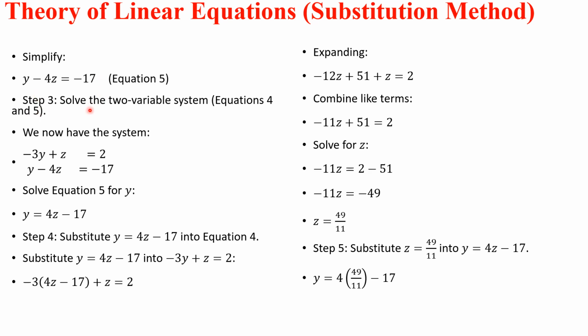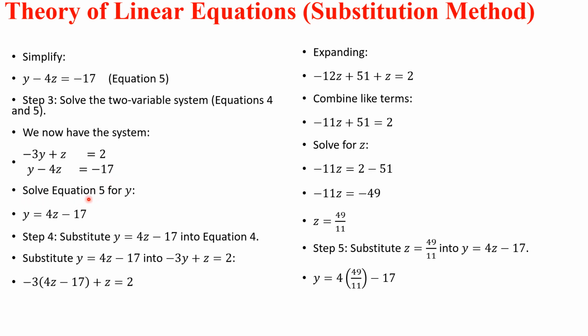So the third step now will be to solve the two-variable system: minus 3y plus z equals 2 that we got earlier, and y minus 4z equals minus 17.